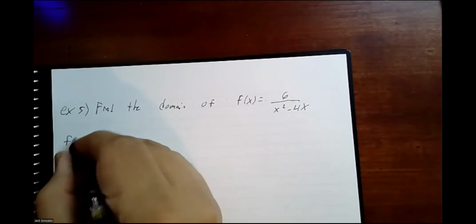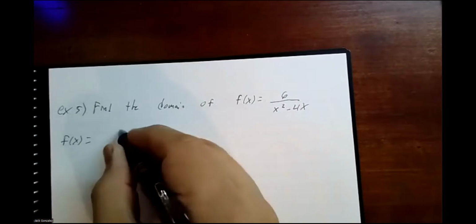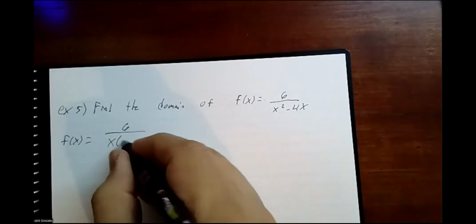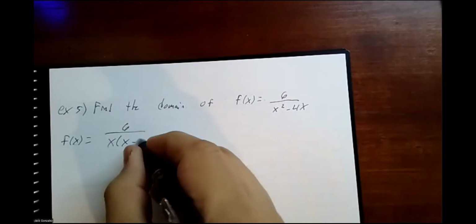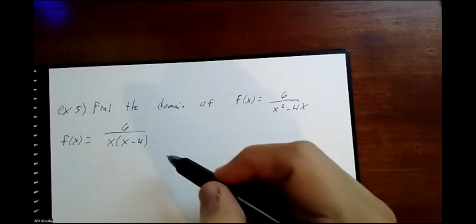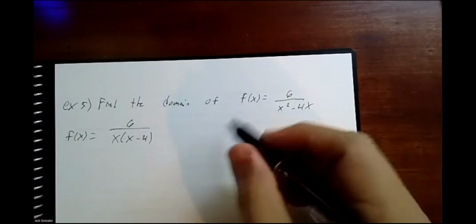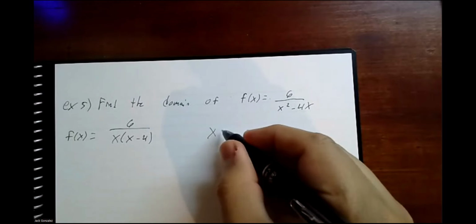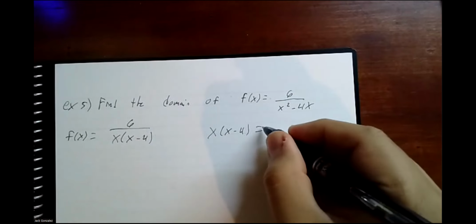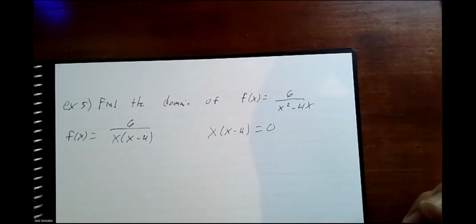So if you were to factor this on the bottom, you would see that there's two problems, right? Because when you have a rational function like this, you cannot have 0 in the denominator. So what you could do is set this bottom part to 0 and find out when that happens.